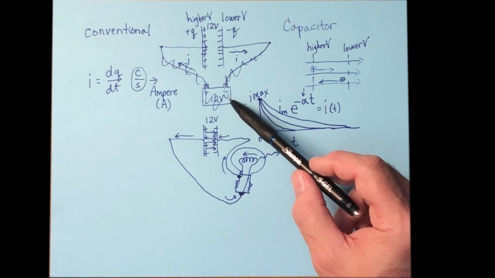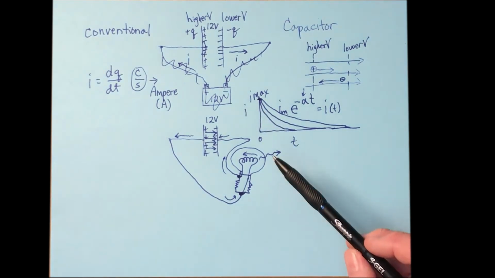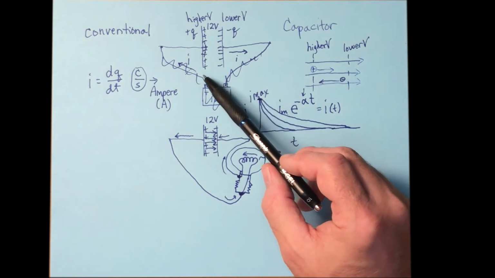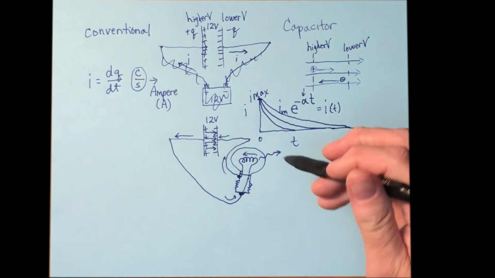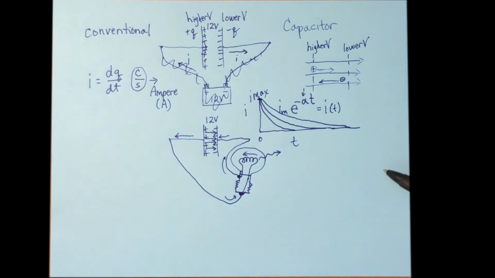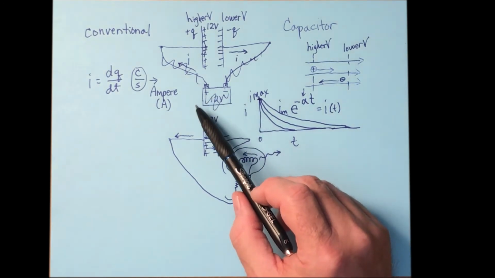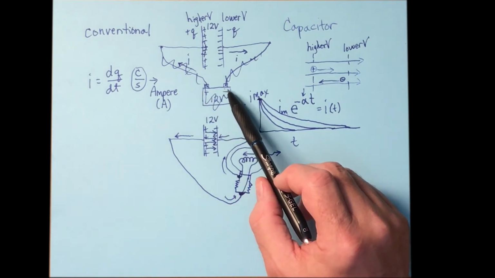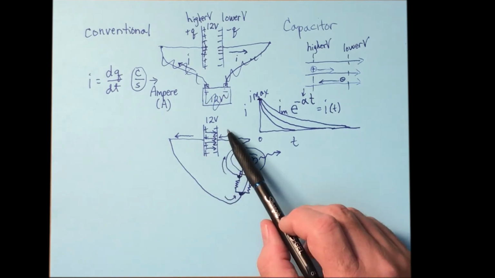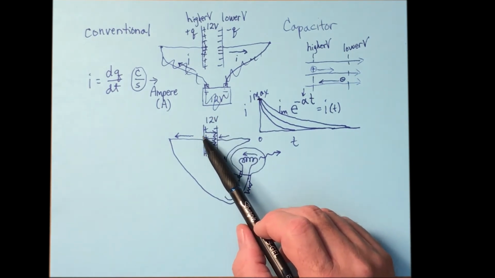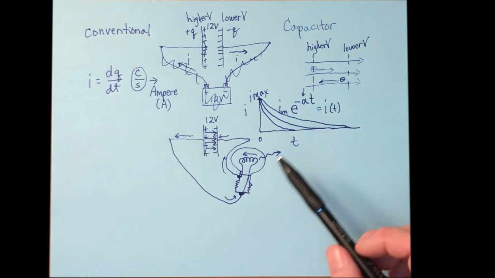Of course, in reality, there is no such thing as a perfect battery. So over a long period of time, the battery would eventually die and this light would no longer shine. But nevertheless, the point here is the battery works to maintain that potential difference between its poles, whereas the capacitor has only a limited amount of energy, and once it bleeds off, then it's done.